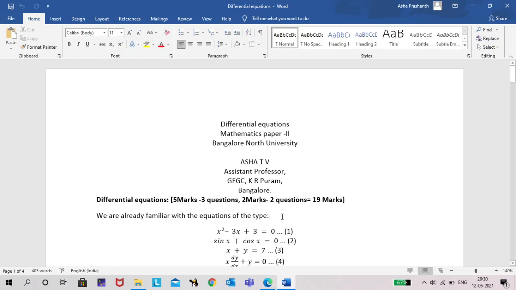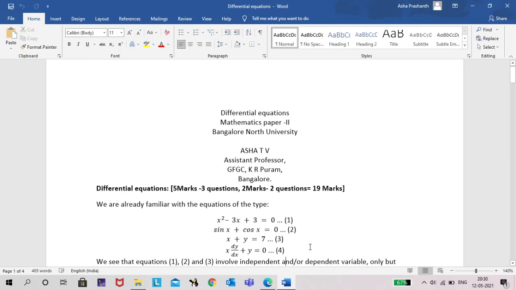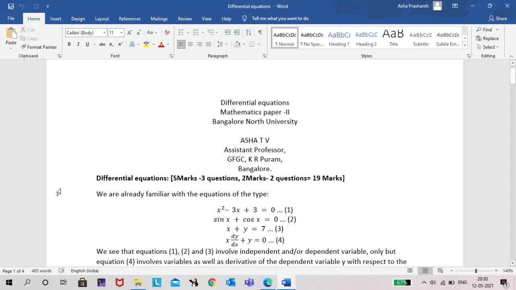I hope all are familiar with differential equations, right? So what is an equation? Let me explain. I have given 4 equations here: the first, second, third, and fourth equation. The first three equations are of one type, and this one is of another type.